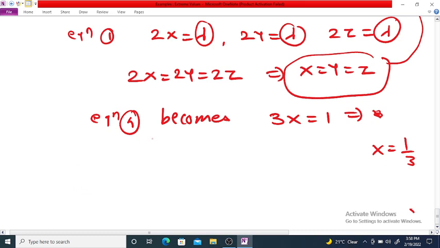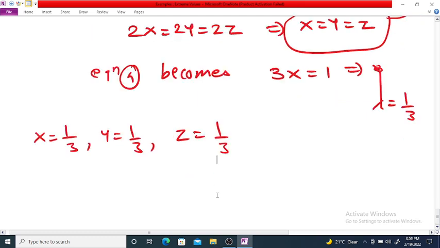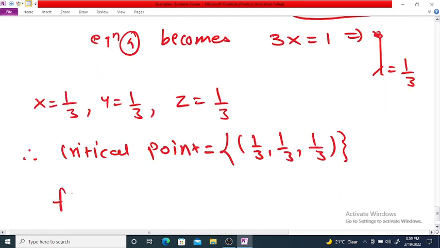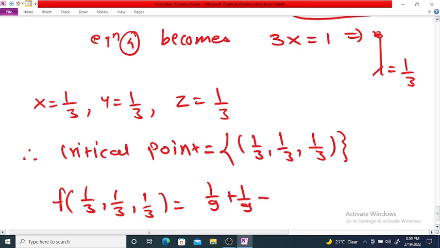Now since x is equal to y equal to z and x is equal to 1 by 3, y is equal to 1 by 3, and z is equal to 1 by 3, and therefore the critical point is 1 by 3, 1 by 3, 1 by 3, and the maximum value is f of 1 by 3, 1 by 3, 1 by 3, which is equal to 1 by 9 plus 1 by 9 plus 1 by 9.